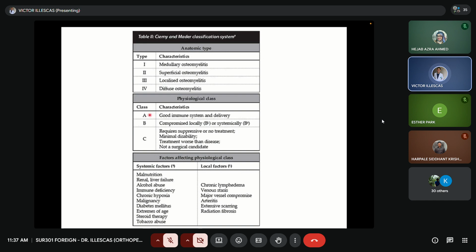And the second part of the classification is the physiologic class of the patient. If the patient has no comorbidities, it is class A. If the patient has comorbidities, it's class B. And the patient who is not a candidate for surgery because of terrible conditions, that is considered class C. Okay?